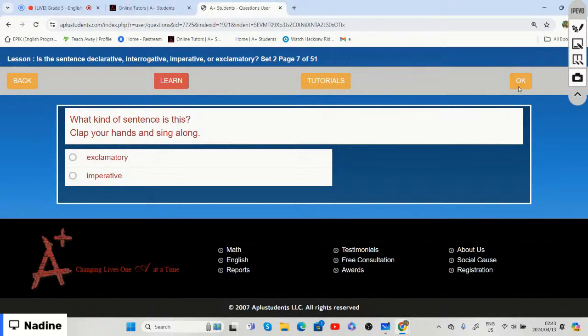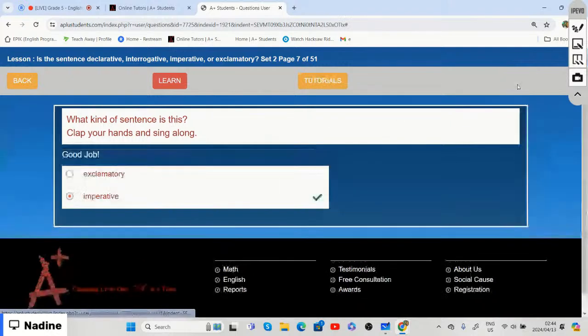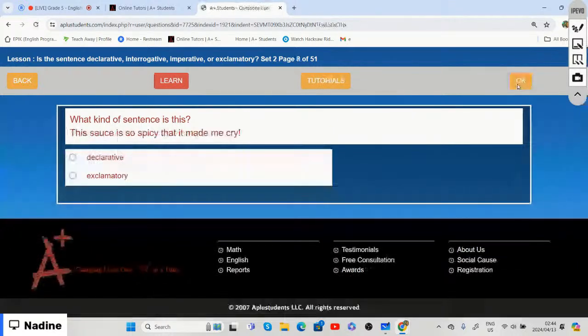All right, and if we choose the correct one, we will say this is an imperative sentence because it is a command. It's telling you to clap your hands and to sing along. So well done. Great job.